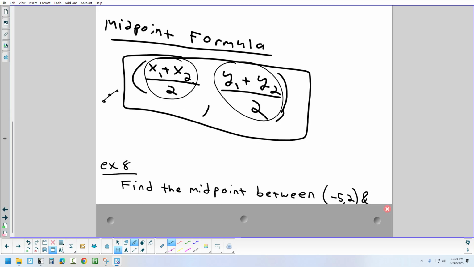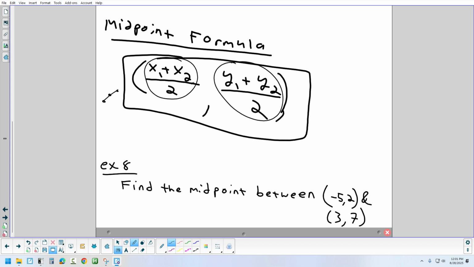So let's finish up with the midpoint between -5, 2 and 3, 7. So we're going to start with the x's, add them up, and divide by 2. What's -5 plus 3? -2, and then divide by 2.